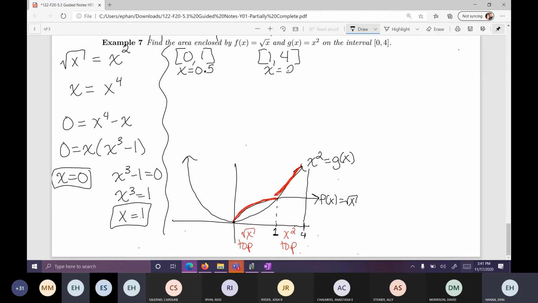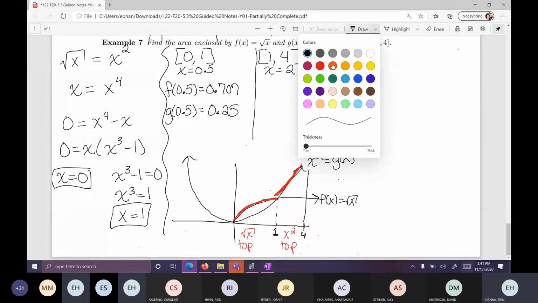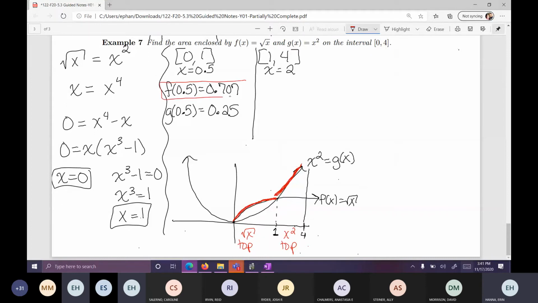So a number between 0 and 1, I'm going to pick 0.5, and a number between 1 and 4, I'm going to pick 2. So if we plug these into both functions, to just triple check that we got the right top function. The square root of 0.5 is about 0.707. And 1/2 squared is 0.25. So which one of those numbers is larger? 0.707.